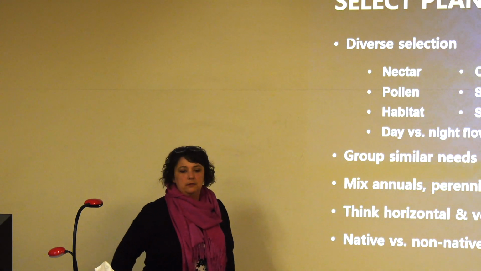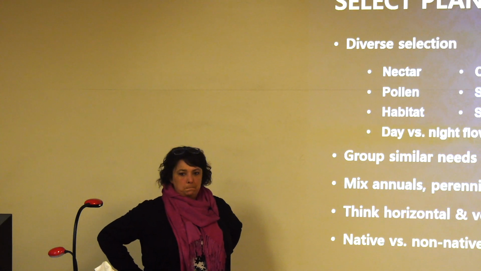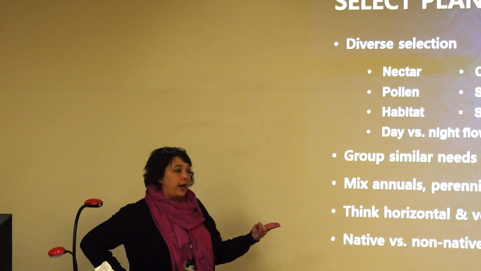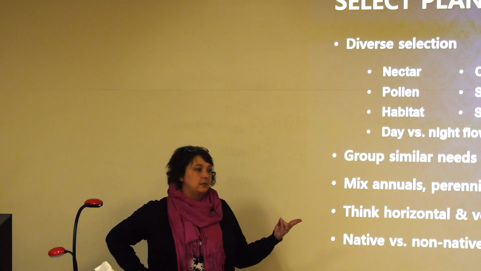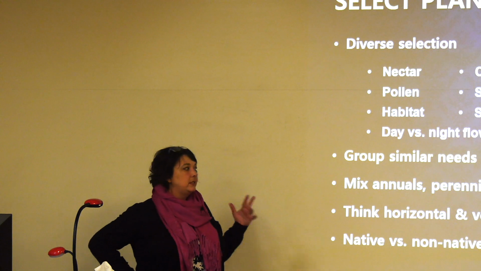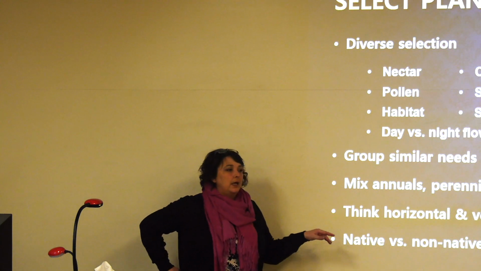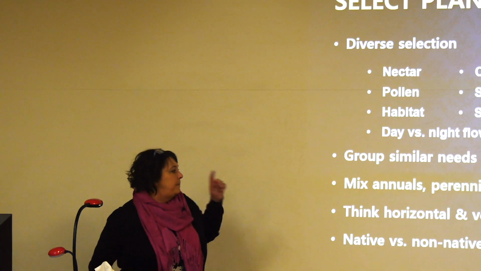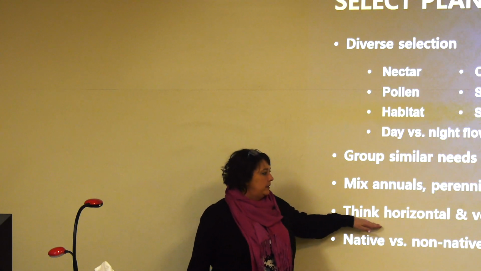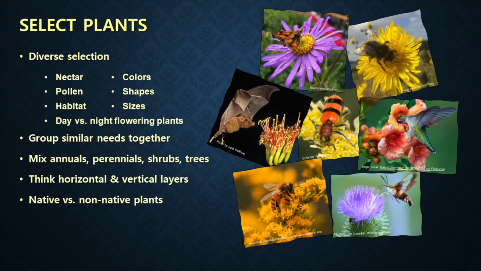Why would we put shrubs and trees in our pollinator garden? They provide like a buffer. They can provide a wind buffer. They also can flower, right? Like weigelias flower, okay? We're going to get to more on that a little later. But they also add vertical layers.